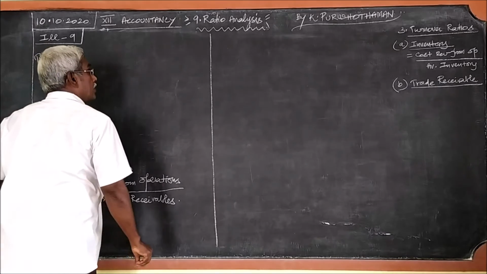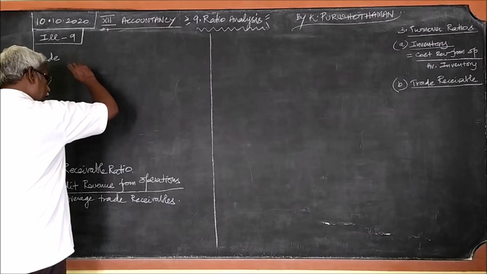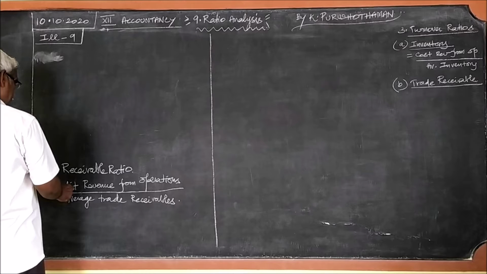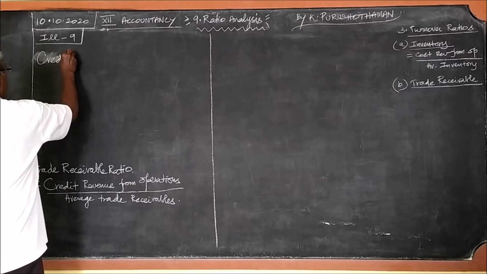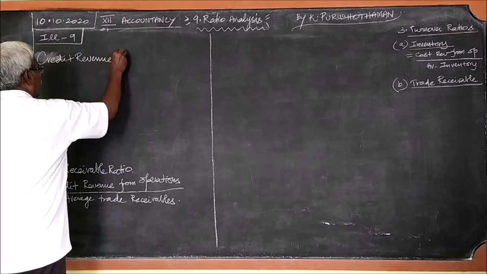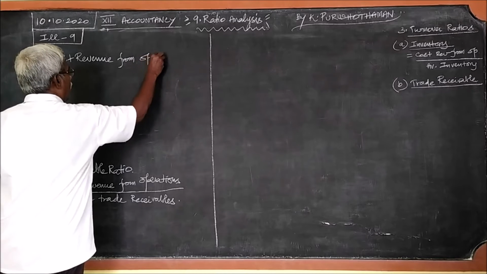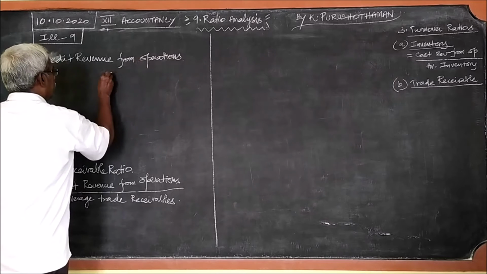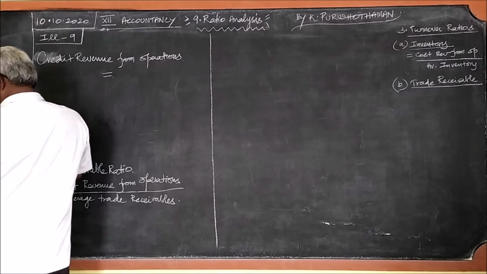Listen carefully to this. The numerator is credit revenue from operations. Credit revenue from operations is equal to, what is the amount given in illustration 9?